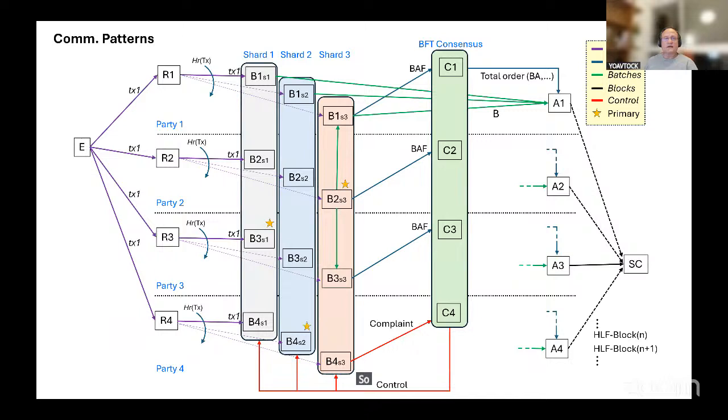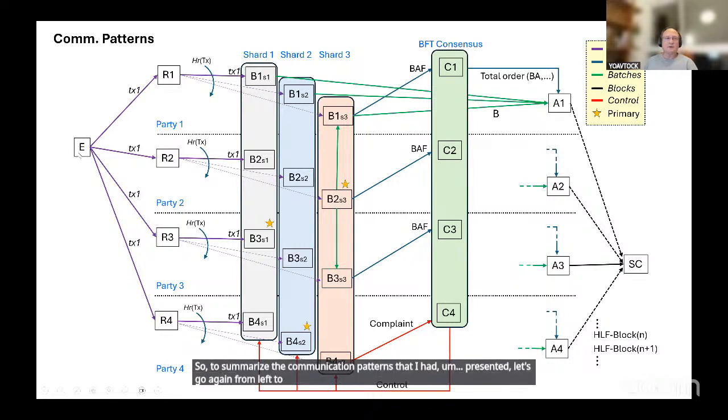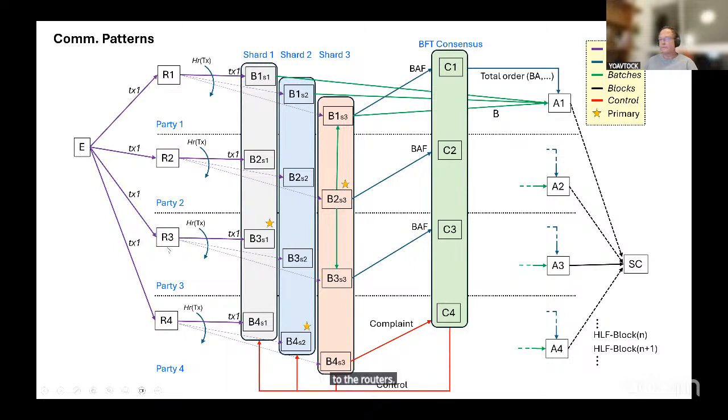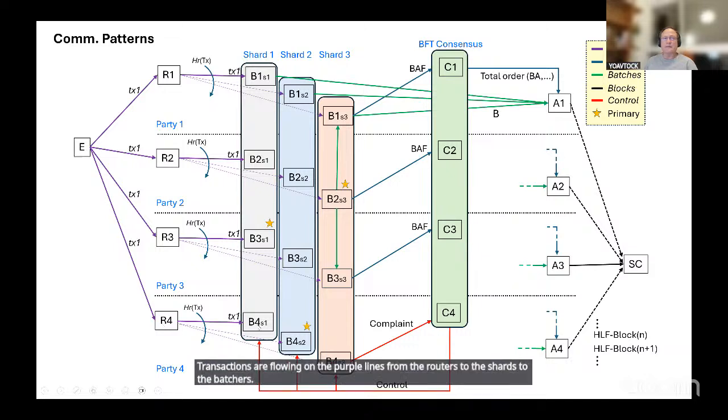So to summarize the communication patterns that I presented, let's go again from left to right, from the endorsers to the routers, and then we see the transaction getting to the routers. Transactions are flowing on the purple lines from the routers to the shards, to the batchers.